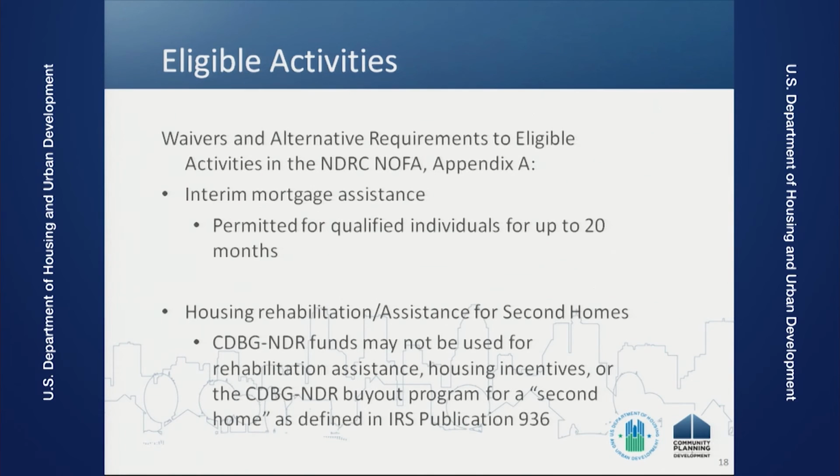So again, this is a limitation on eligible activities. The CDBG NDR buyout program is a buyout program that's described in Appendix A, and it is a buyout program for acquisition of properties in floodplains. Applicants are encouraged to look to Appendix A for more information on the CDBG NDR buyout program.